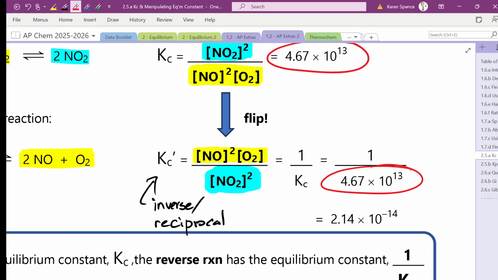Let's call it Kc reverse. Does that make you happier? Prime usually just means we have manipulated it in some way, but you can just call it Kc reverse.